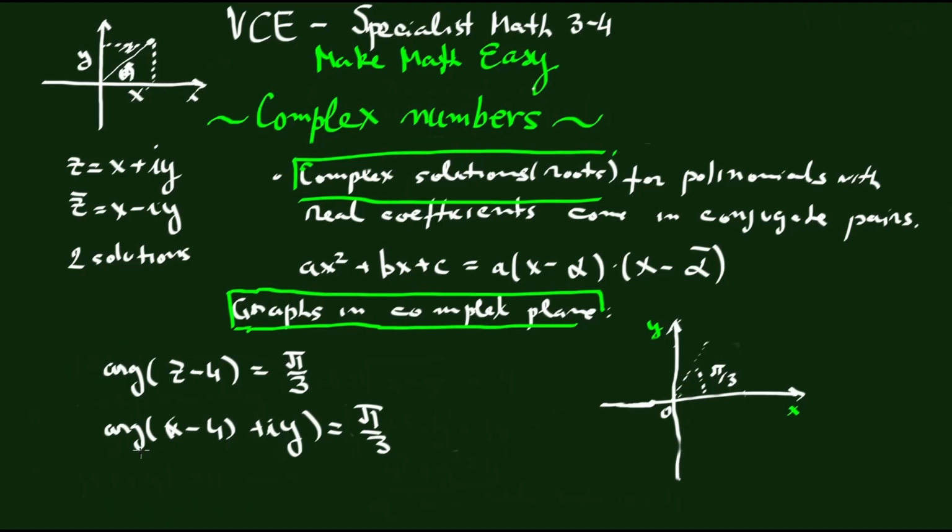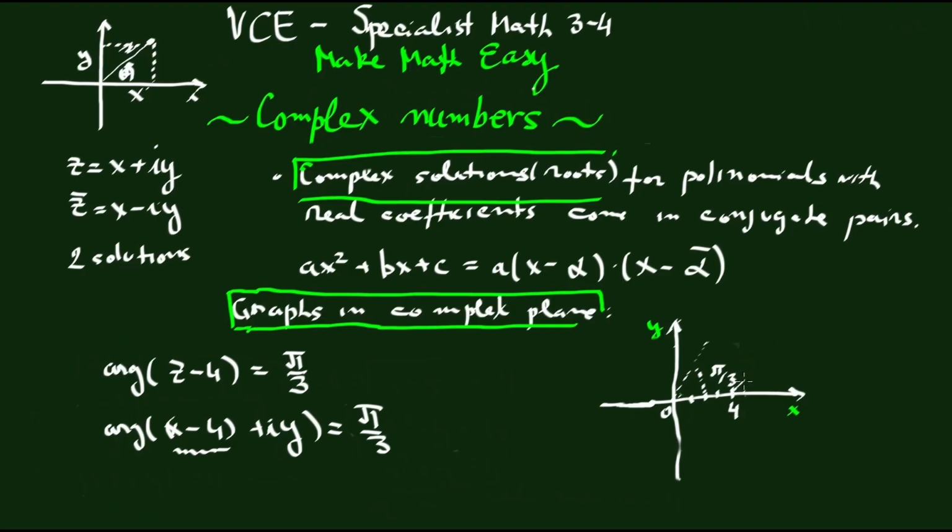But where will it start? It obviously will be moved. You don't know x and y, so every x and y that is on the pi third angle will satisfy this equation, but you know that x is moved by 4 in the positive direction of x, if you remember drawing functions. So that's 4 here.